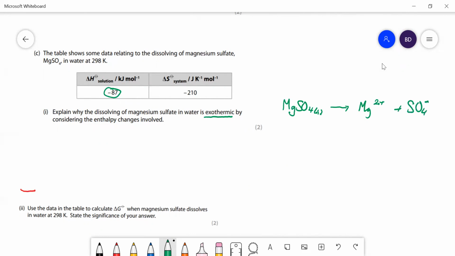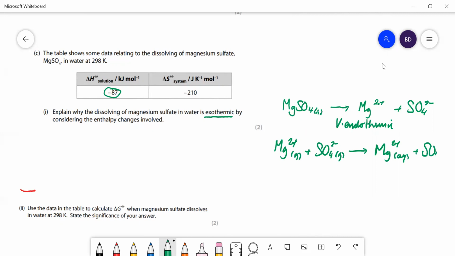And that is obviously very endothermic, a big positive value. And then also you're going to hydrate these gaseous ions into aqueous ions, and because you're forming lots of interactions with the water molecules, that's very exothermic.